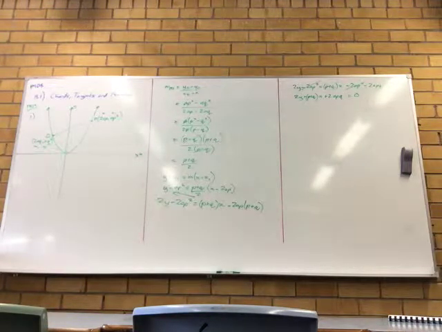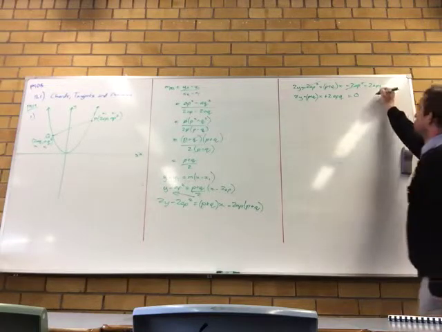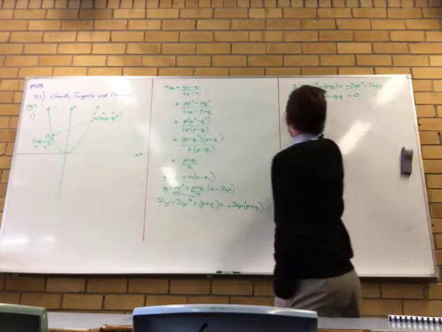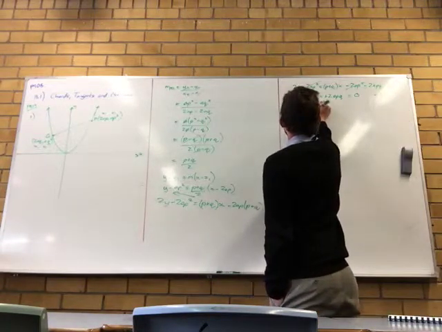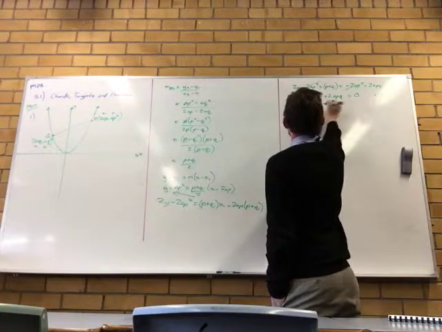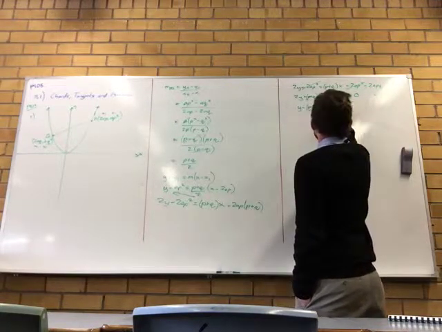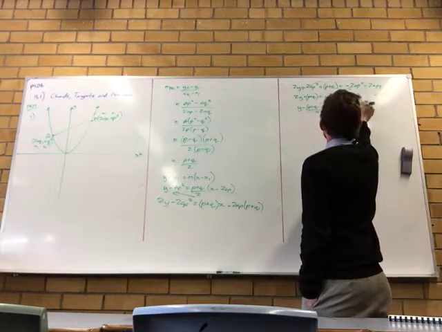And then I'm just going to divide each term by 2. So divide everything by 2. Get y, take away P plus Q over 2, lots of x, plus APQ is equal to 0.